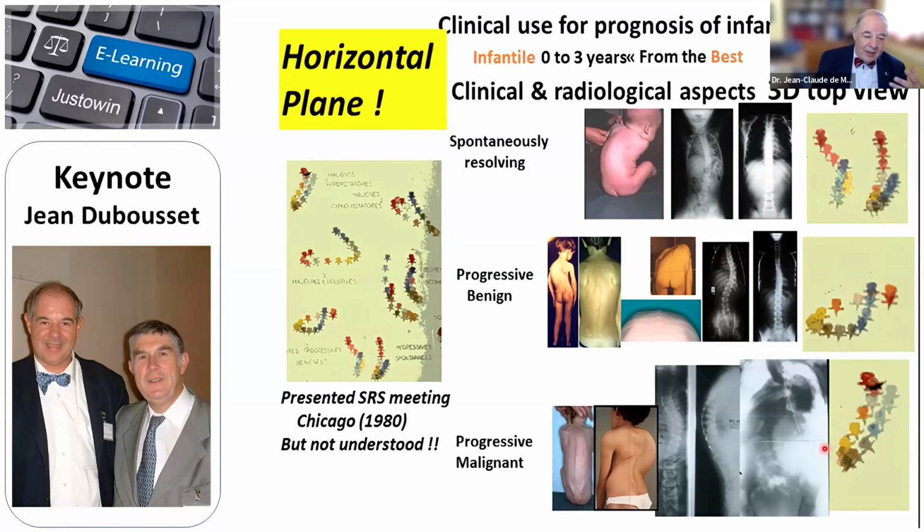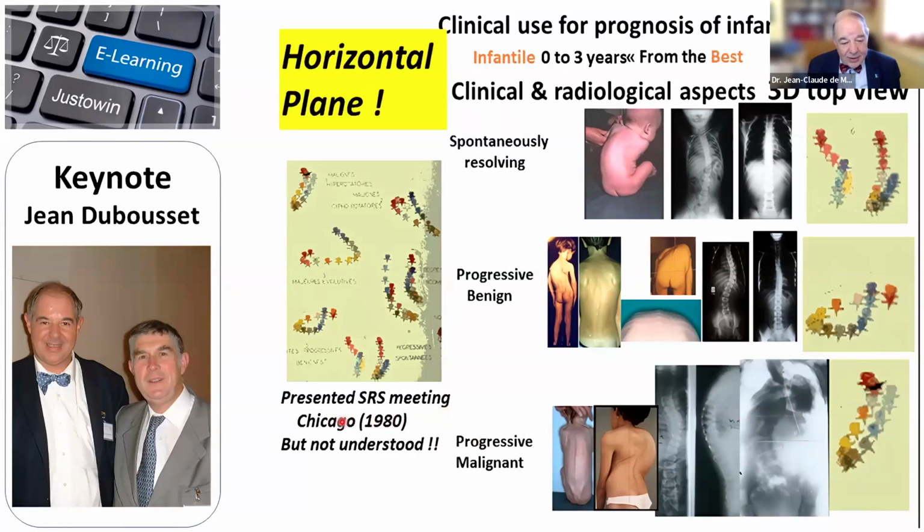So since this time, Jean Dubousset and all the French school have the feeling that the horizontal plane was very important for prognosis, the evolution of scoliosis, and naturally also for treatment.